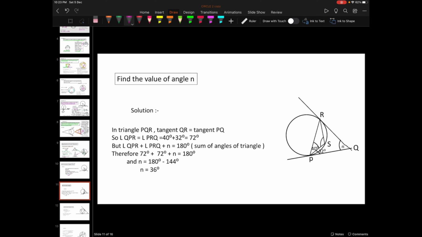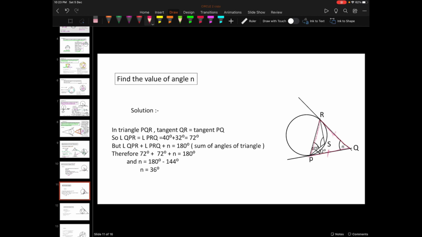Now next problem is find the value of angle n. In triangle PQR, tangent QR is equal to tangent QP.